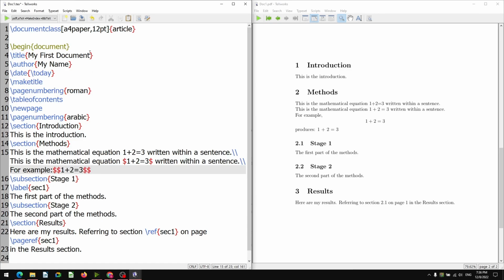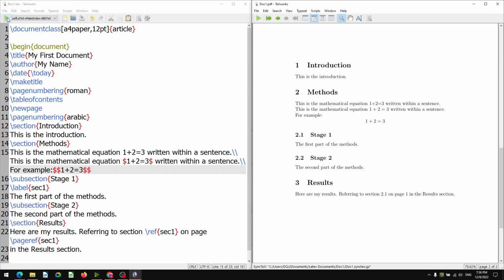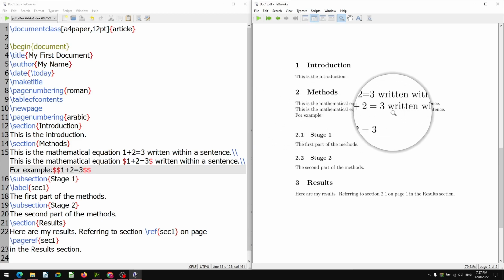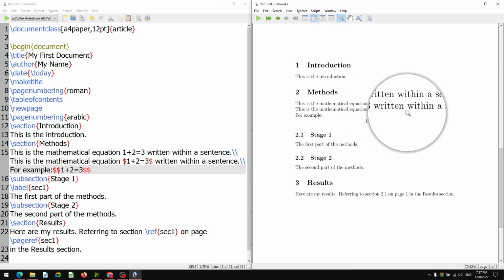So let us check this by saving the file and clicking the typeset button. Now the first sentence, this is the mathematical equation 1 plus 2 equal to 3 written in the sentence, is as it is. Backslash backslash new line. This is the mathematical equation 1 plus 2 equal to 3 in math mode, single dollar, written within the sentence.